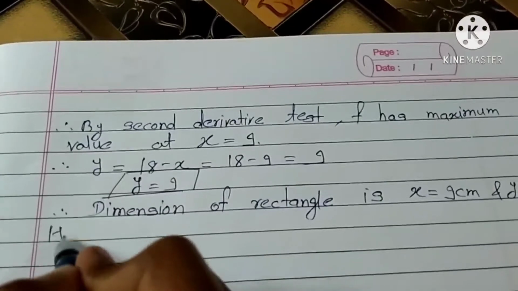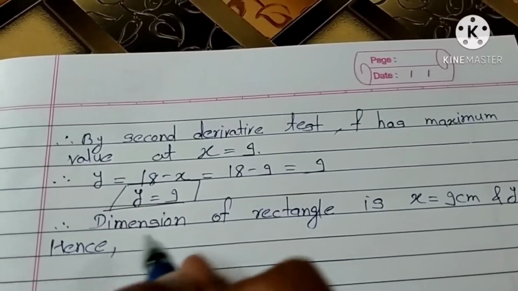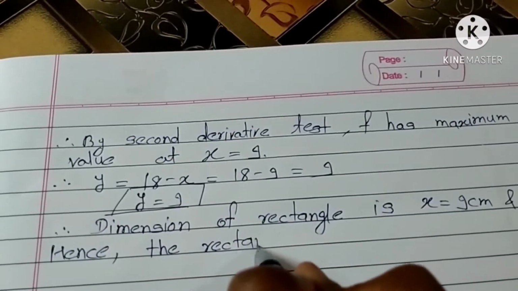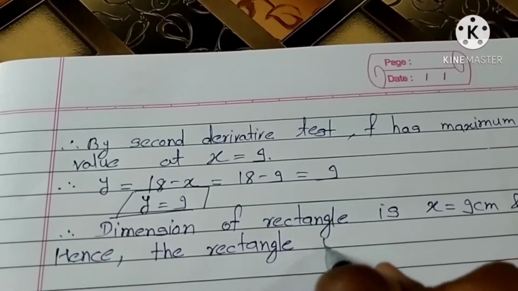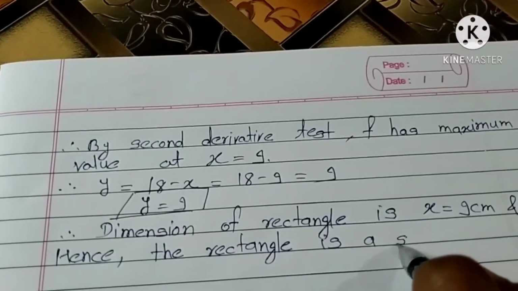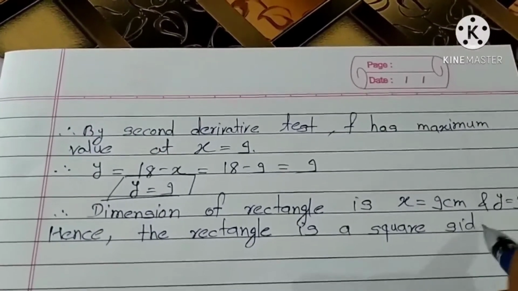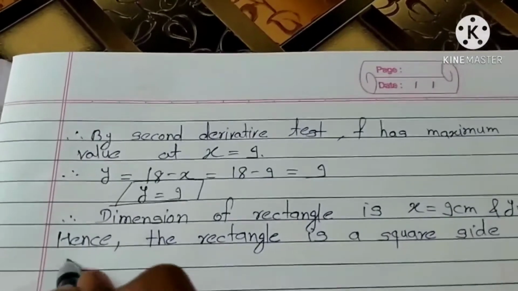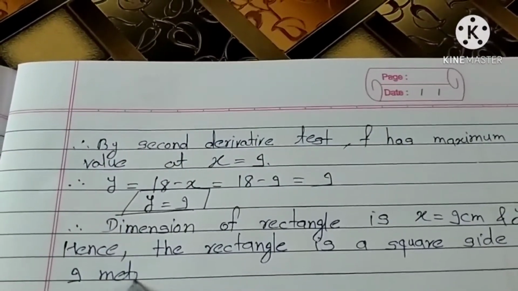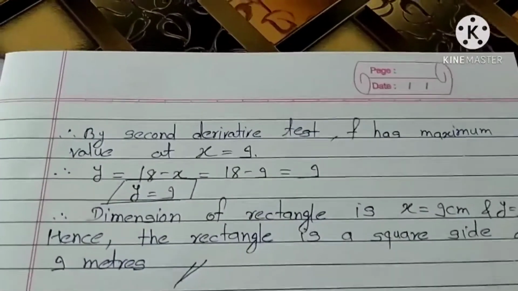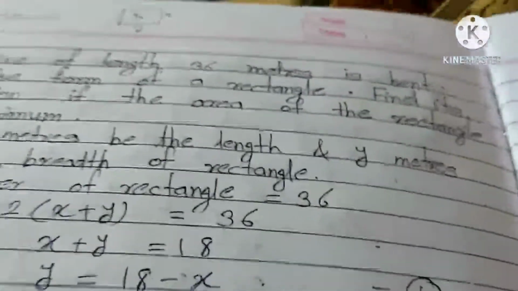So write, hence the rectangle is a square of side 9 centimeters. So this is a square. Observe the example.